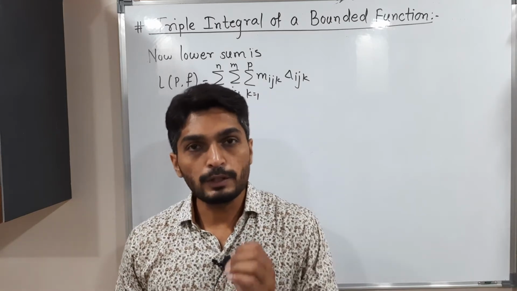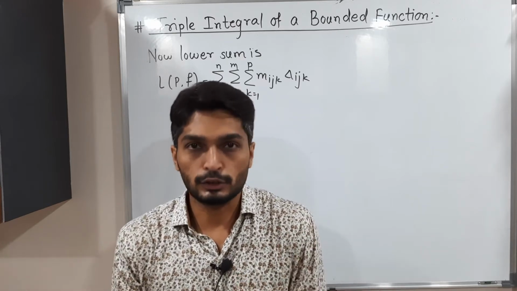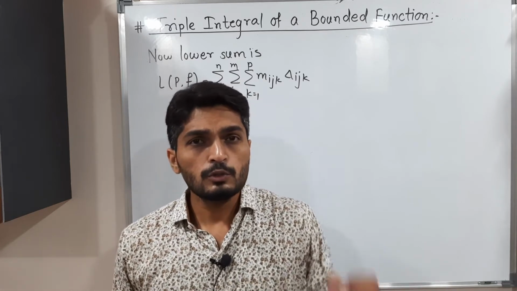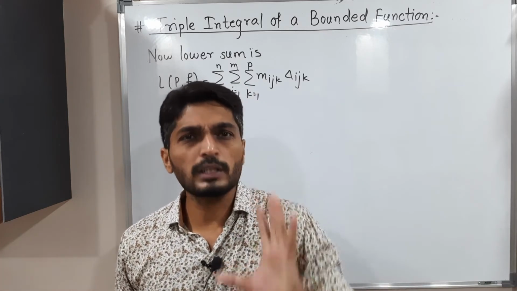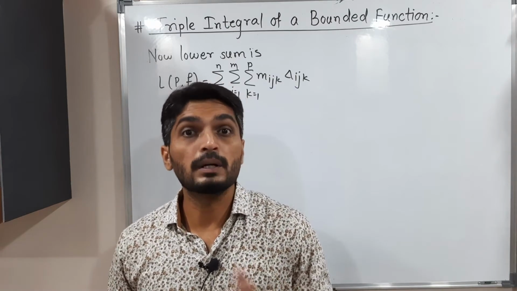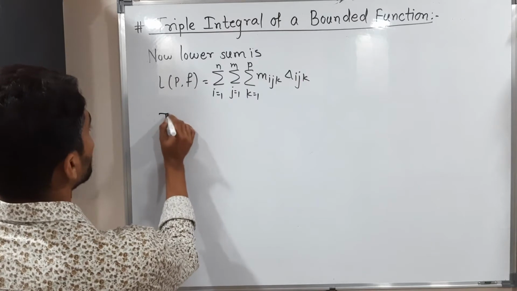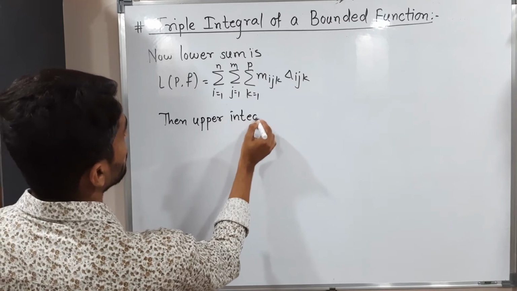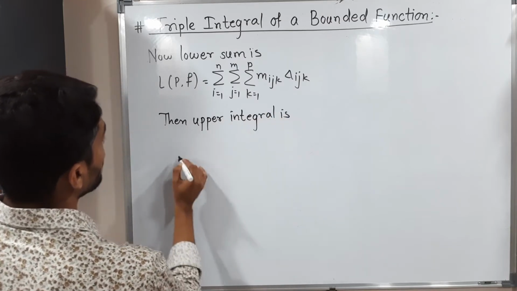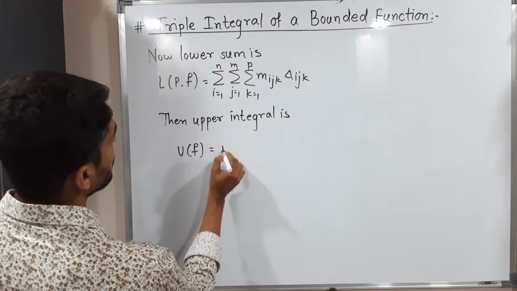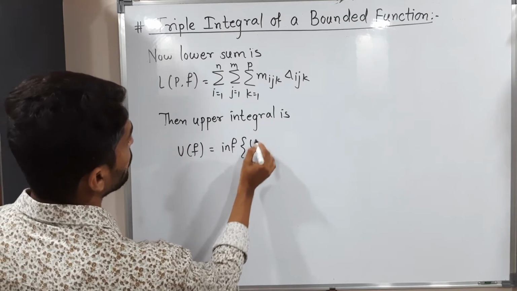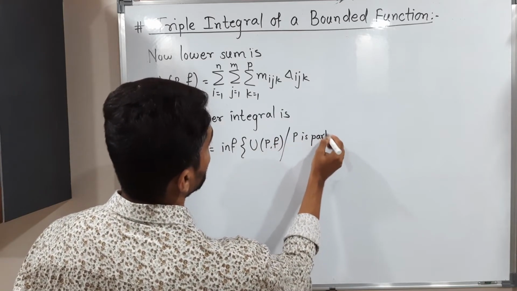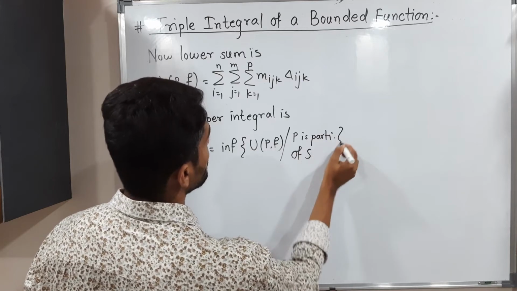So what we do, for each partition you will have an upper sum. For P1 you will have some upper sum, for P2, for P3, for P4. So we will take the infimum, that means the smallest upper sum. We call it the upper integral. Then the upper integral will be UF, which is the infimum of UPF, where P is a partition of S. Getting?